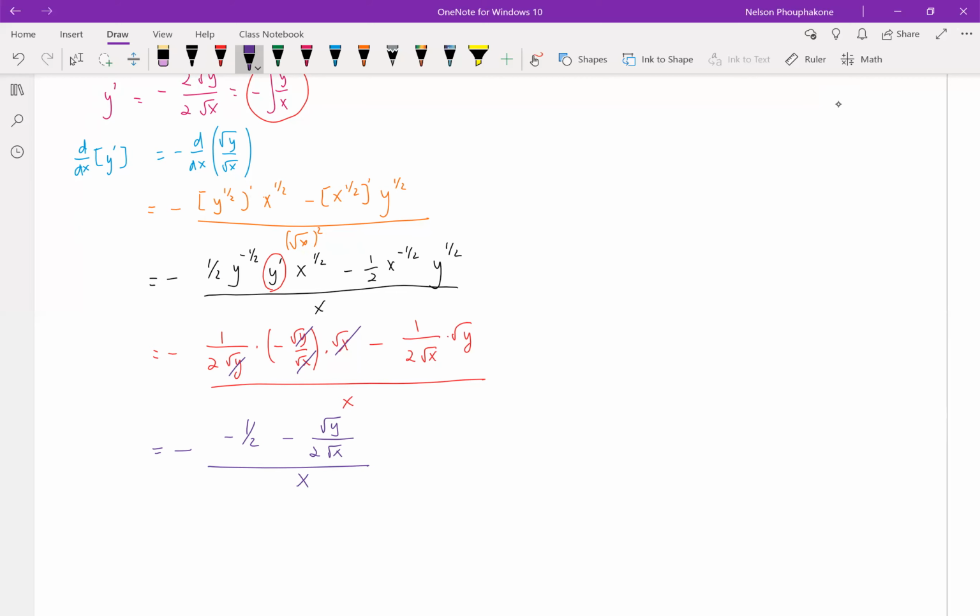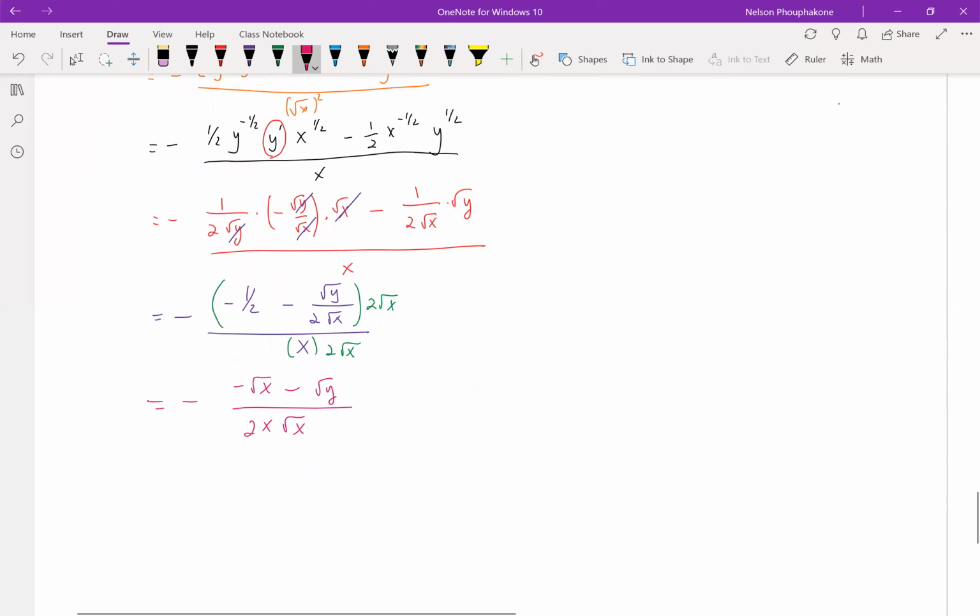Now we don't want to have a fraction over x, right? So what I'm going to do here is multiply both top and bottom by 2 square root of x, the LCD. Now this one is negative. This one times this one, 2 and 2 cancel. So I have negative square root of x plus square root of y all over 2x square root of x. Is it negative?